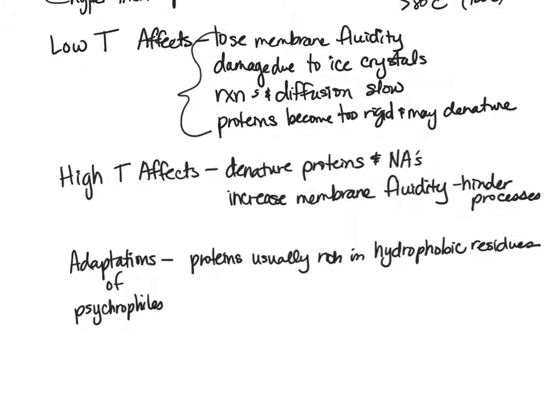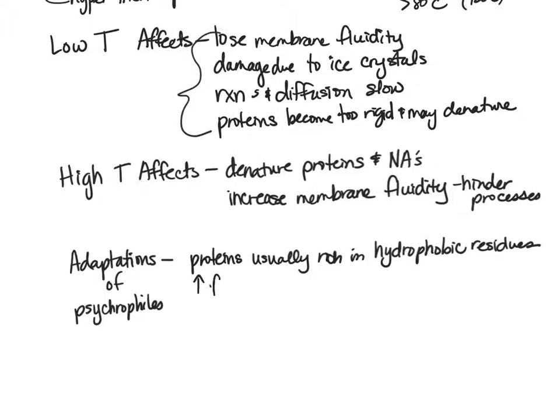If you took olive oil, for example, and put it in the freezer, compared to water in the freezer, you know that it would take much longer, or not at all, for the olive oil to freeze. So it's a much lower temperature that we would have to reach in order for olive oil, something that's hydrophobic, to freeze compared to water. So we have an increase in hydrophobic residues.